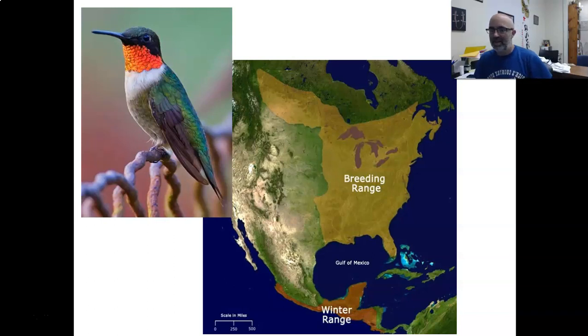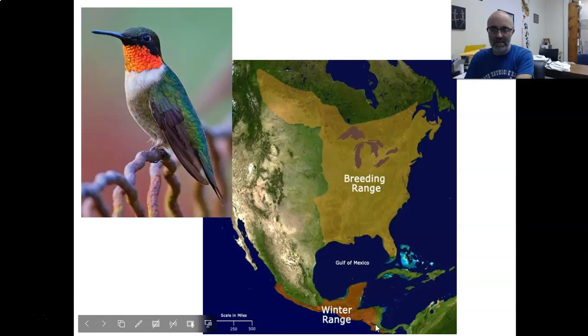These birds have flown across the entire Gulf of Mexico this fall. Some will travel from up in Canada all the way down to the Yucatan and Central America. Pretty remarkable for a tiny little bird like that.